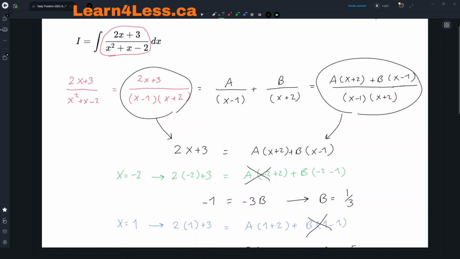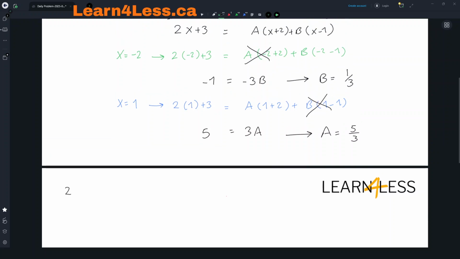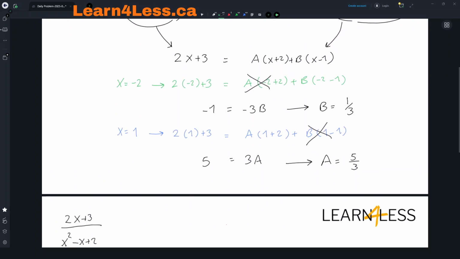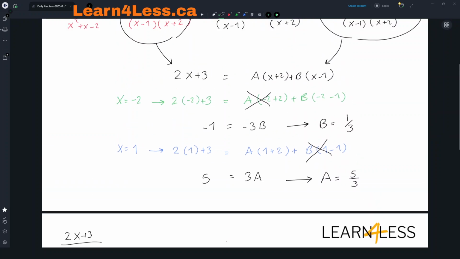So let's just do that. So now I can write the original function that we had, which was 2x plus 3 over x squared plus x minus 2. It's easier if I copy paste that.